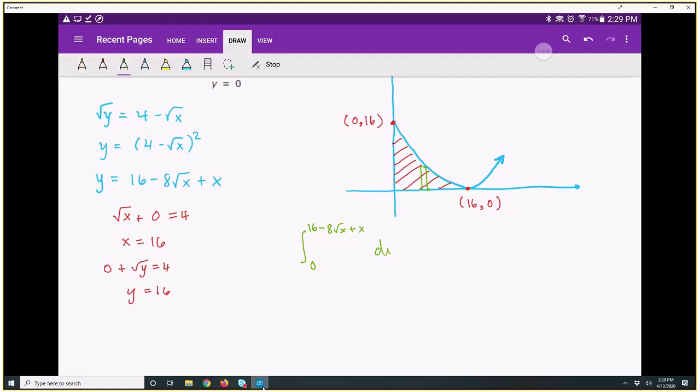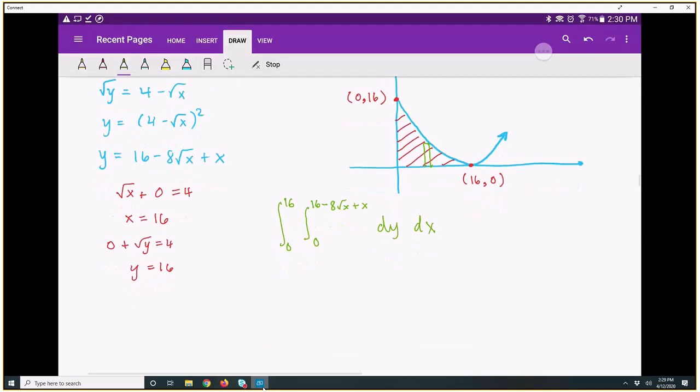That's going to be integration dy. Then I need to multiply by the change in x. So if I choose an arbitrary point from here to here, it looks like my x can run from 0 to 16. So this is the integration I need to calculate: the integral from 0 to 16 of the integral from 0 to 16 minus 8 square root of x plus x, dy dx.